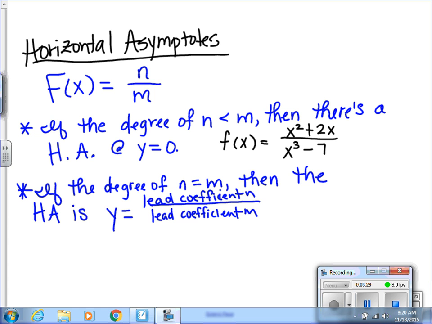What is a lead coefficient? The number in front, right, okay?